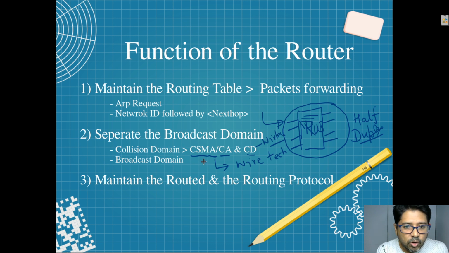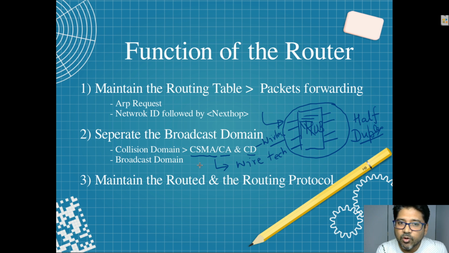In this technology, if you have a single collision domain, they're going to sense the media to see which node is free. Once it's free, they will assign it for the one-way communication.